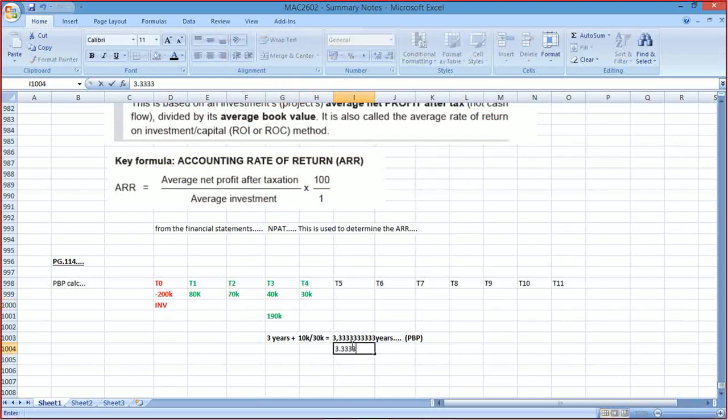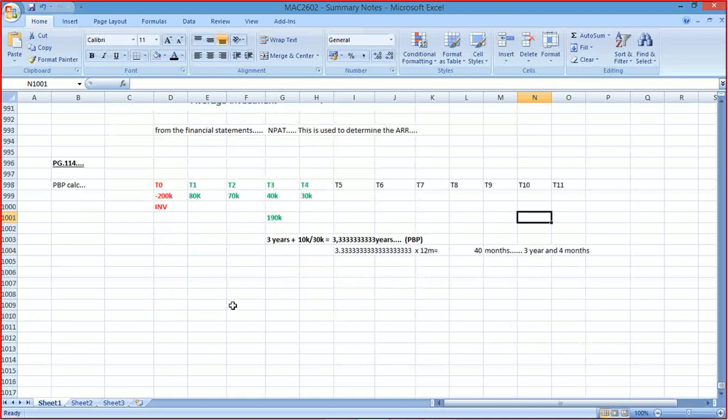Obviously 3.333333 times 12 months gives me 40 months, which is 3 years and 4 months if you convert it back to months and years. Got that? Yes, sir.